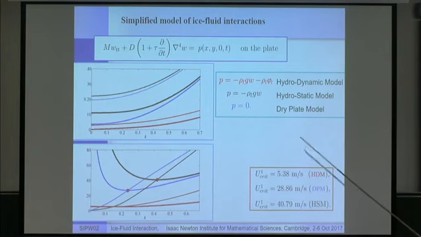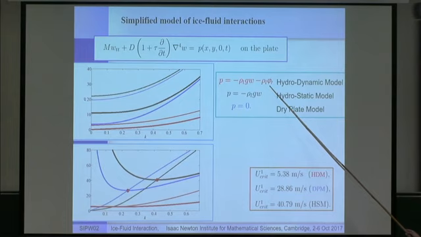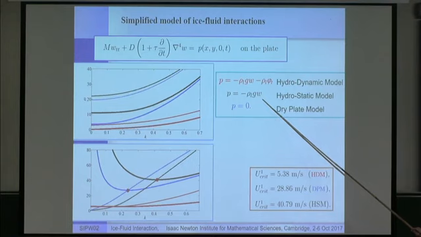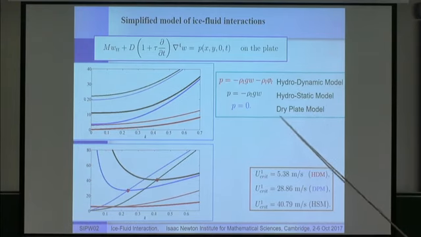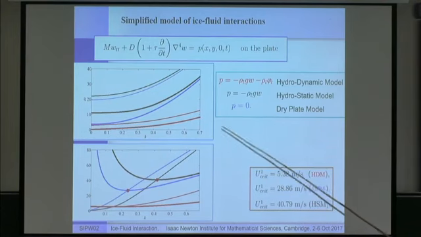If we consider our problem as a hydrodynamic problem, we use the 2 terms in the right hand of this equation. But if we consider just a hydrostatic problem without this term, without the motion of the fluid, or even the model of the dry plate, we can see that the dispersion coefficient is very different. That is for the full problem, first and second.